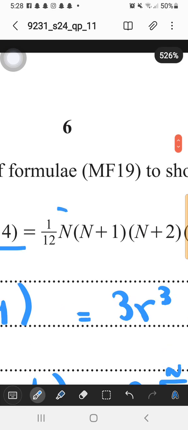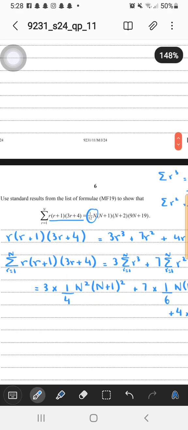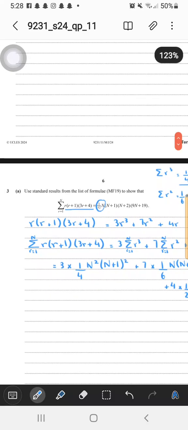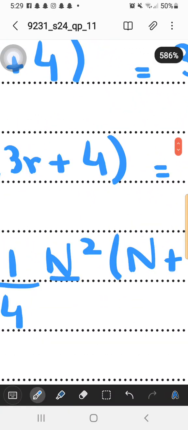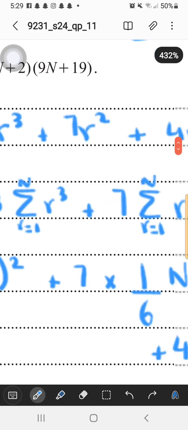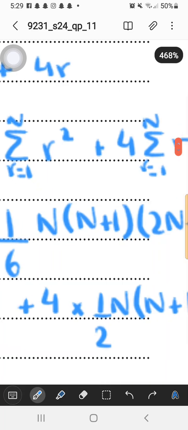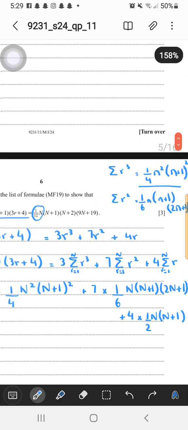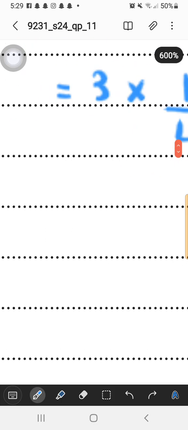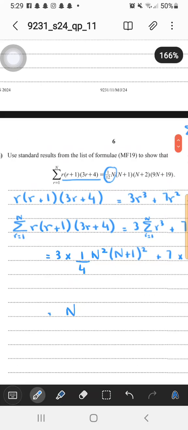Our key is 1/12 n. We have to factor out 1/12 n here. So here is n, we can factor it out as n, no confusion for this. Then we can factor out this n also, and then this n also. So it is clear to factor out n here, but 1/12 will also be factored out.